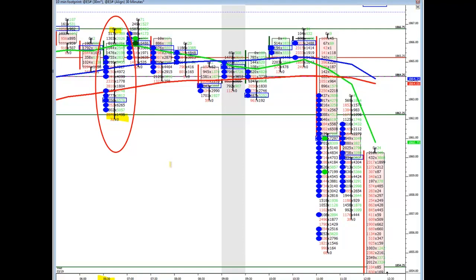We have a bunch of blue dots, and if you remember, the blue dot on the 30-minute chart was for any volume above 8,000 contracts, it's a filter. And I also have some KVT, but very little, right here in this area. There's one level 2 and one level 1, but I don't see very much else.